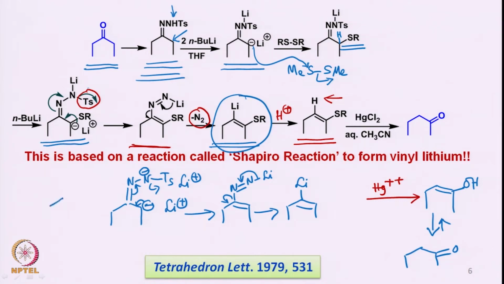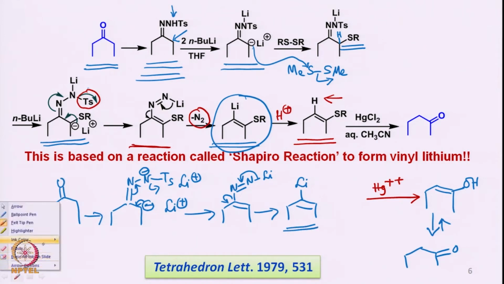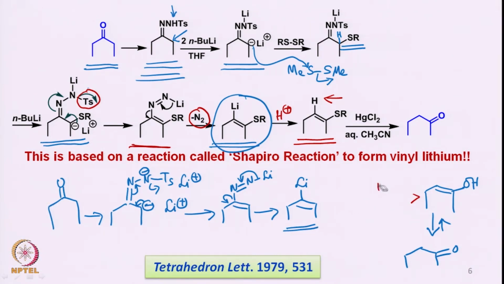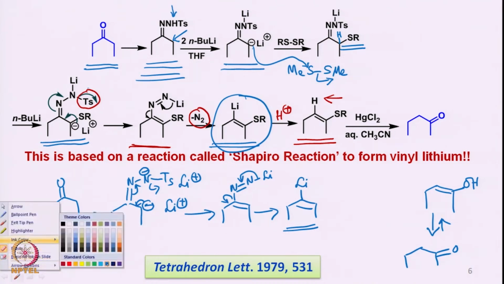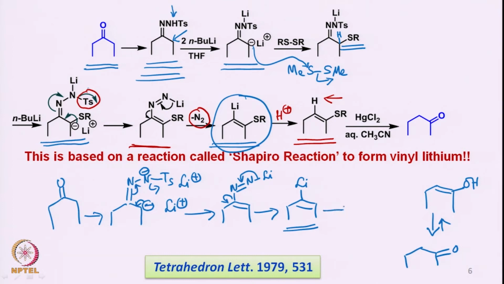So if one starts with a ketone like this and prepares the tosyl hydrazone and then finally gets the vinyl lithium, now you can react it with any electrophile that is possible, and that allows the introduction of, say, an E plus as an electrophile and X minus of course as a counter ion, then one can introduce the E here.